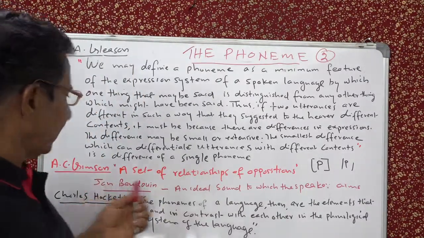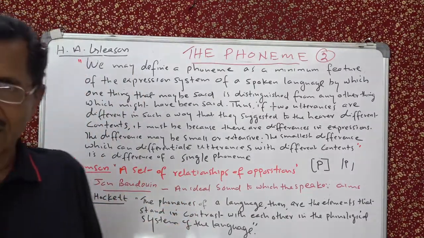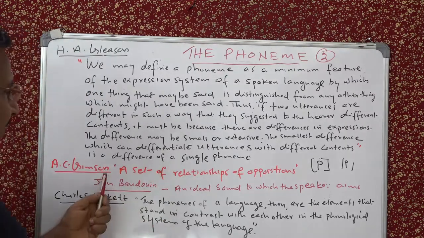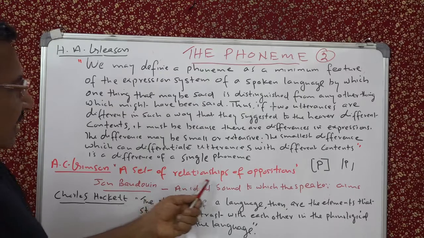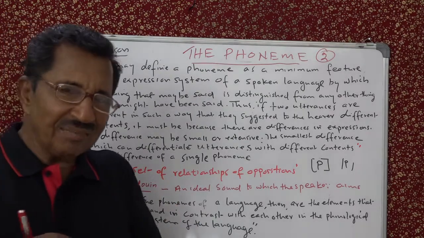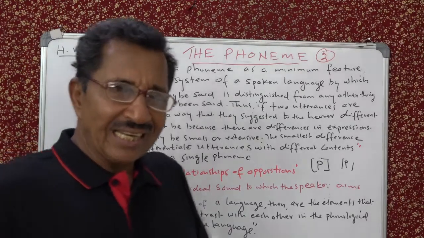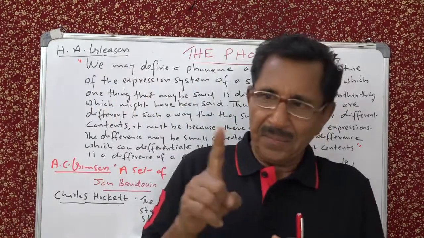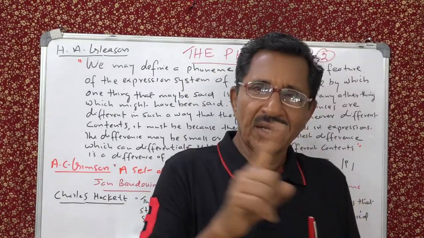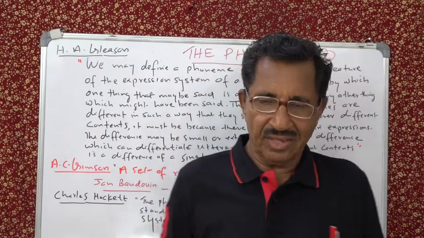Second definition is by A.C. Gimson. Again another authority. It's a simple definition. A phoneme is a set of relationships of oppositions. That means, in simple language, they are contrastive. P is different from all the others because P is not all the others.